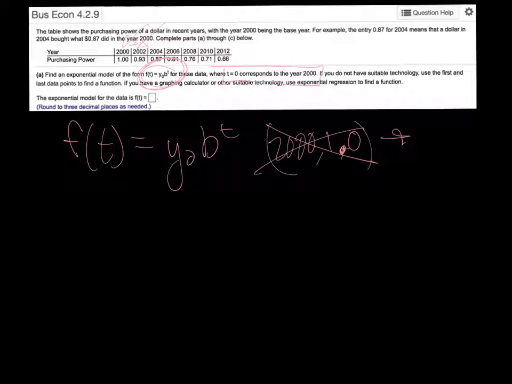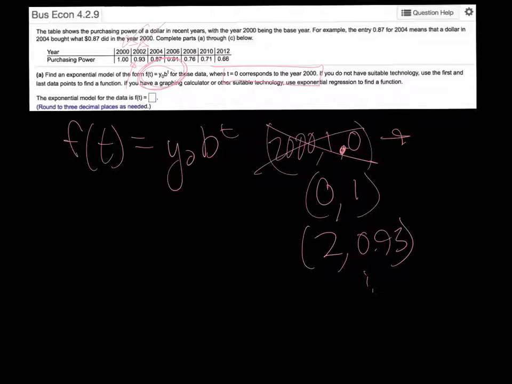This is actually incorrect. You need to be using 0 comma 1. And for instance, then 0.2 is 2 comma 0.93, etc. So you're supposed to use this data, this information, to determine what the equation is for the function that governs this data.